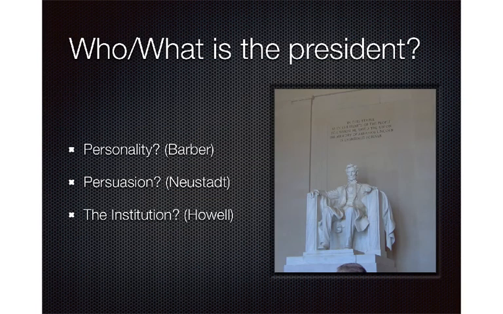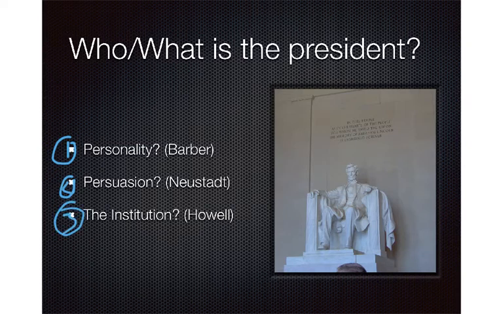So, who or what specifically is the president or the presidency? There are a couple of different ways to look at this, and many of these are pretty big views, and we're going to look at three big views of where presidential power comes from.